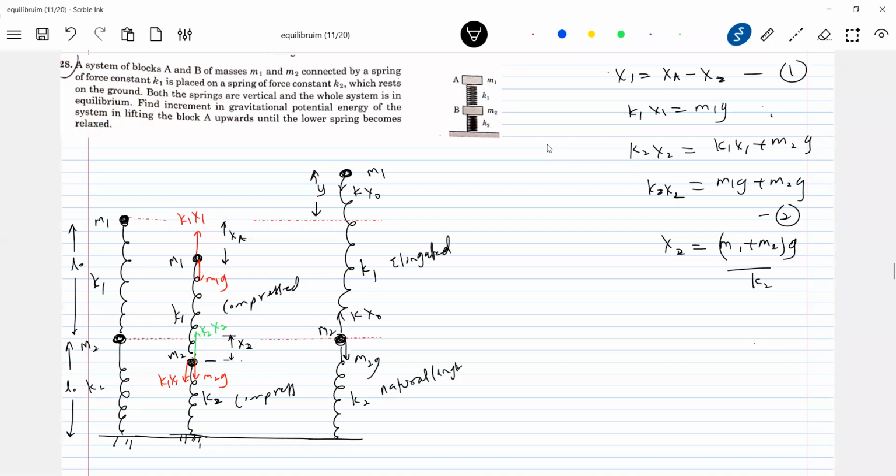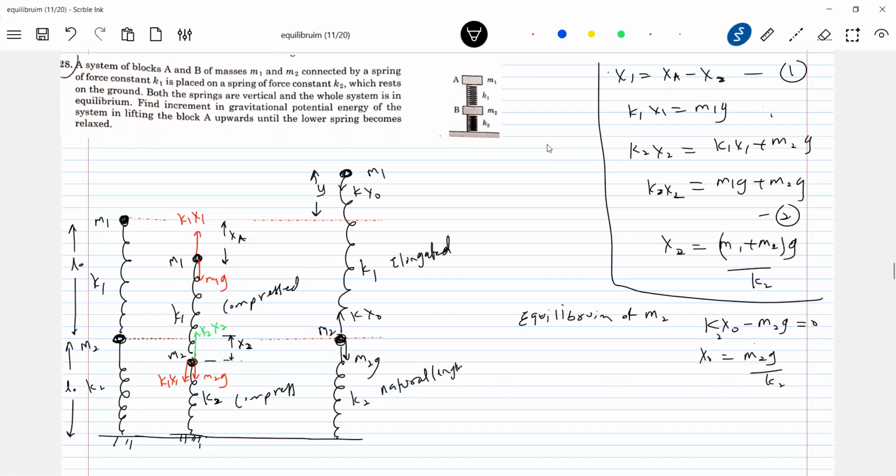I think your problem is over once you can make out this much background. For equilibrium of M2, k x naught minus M2G equal to 0. So what is x naught? X naught equal to M2G by K2. Keep it here. Call this equation 3, or any number.